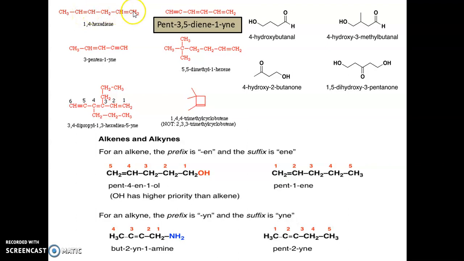Since these two double bonds are towards the right side, you have to start the numbering from the right side. So this is carbon number 1, this is 2, this is 3, this is 4, this is 5, this is 6.